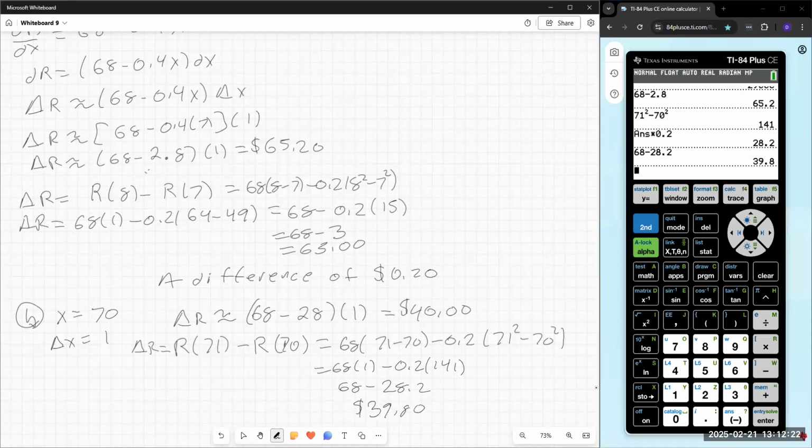And so we have a difference here of 20 cents. And we had a difference up here of 20 cents. So don't think that those will always be the same. When you change the X values, they may not be.